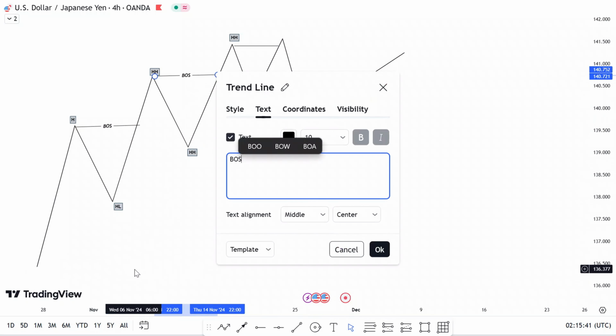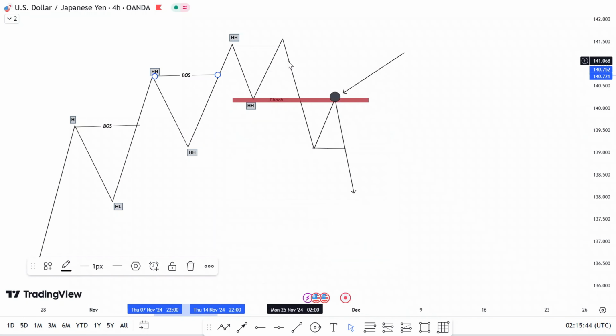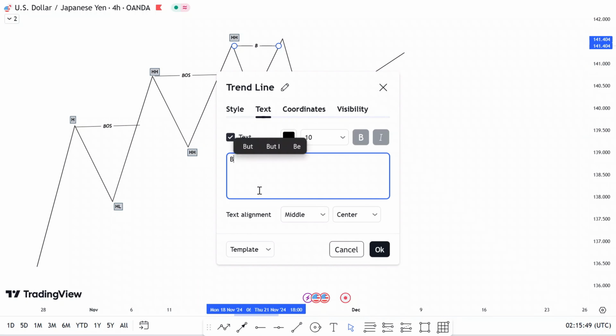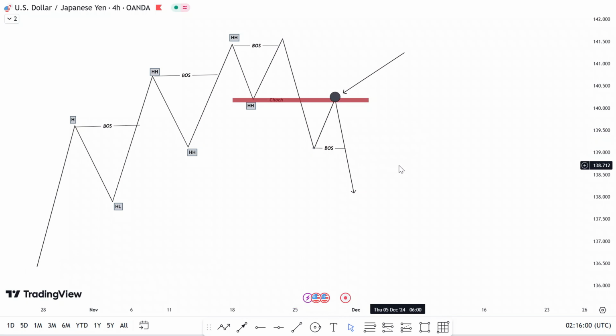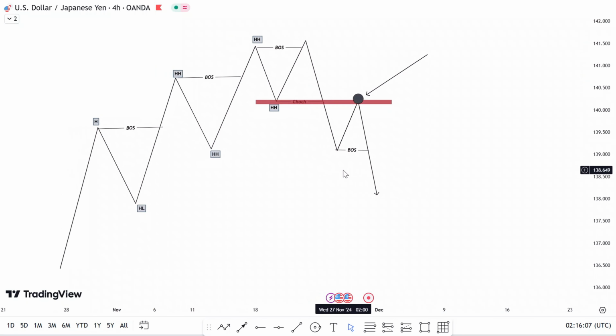That's why we have break of structures here. So what will this place be? This place will be the first break of structure, because we have a change of character from the upside to the downside.